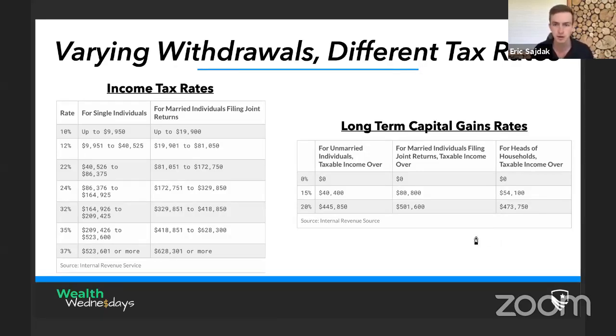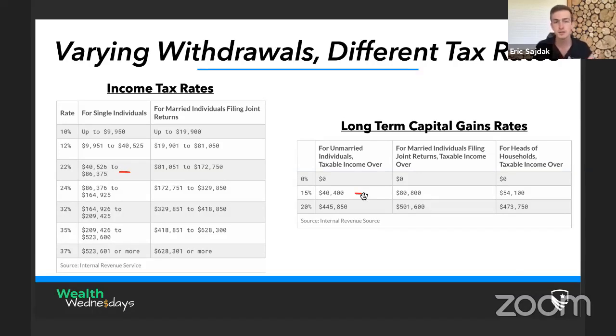So let's say that you're a single filer, okay, and you have $75,000 of taxable income. Okay, so for income rates, if you pull from a traditional IRA, and therefore that'll be taxed at ordinary income rates, you're going to be taxed at 22%. Well, if you pull from a taxable account, long-term capital gains, you'll actually be taxed at 15%.